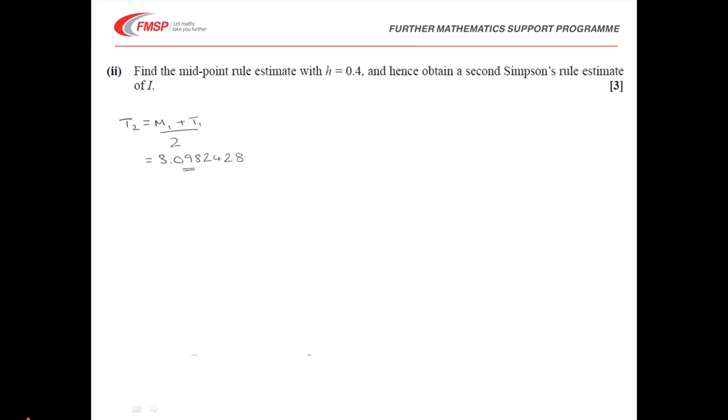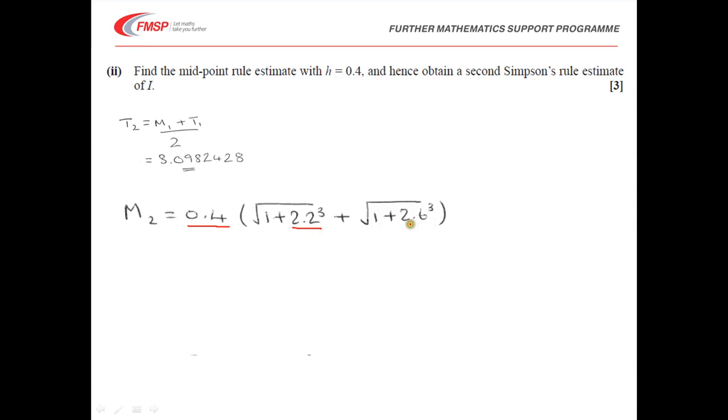Now, the point is, to be able to work out that second Simpson's rule, we are going to need something we've already calculated. We're going to calculate M2, but we're going to need T2 as well. Now T2 we'd already calculated, so there it is sitting there. But M2, we're now dealing with a width of 0.4, and so we need our first rectangle to go from 2 to 2.4, and the halfway point is 2.2.